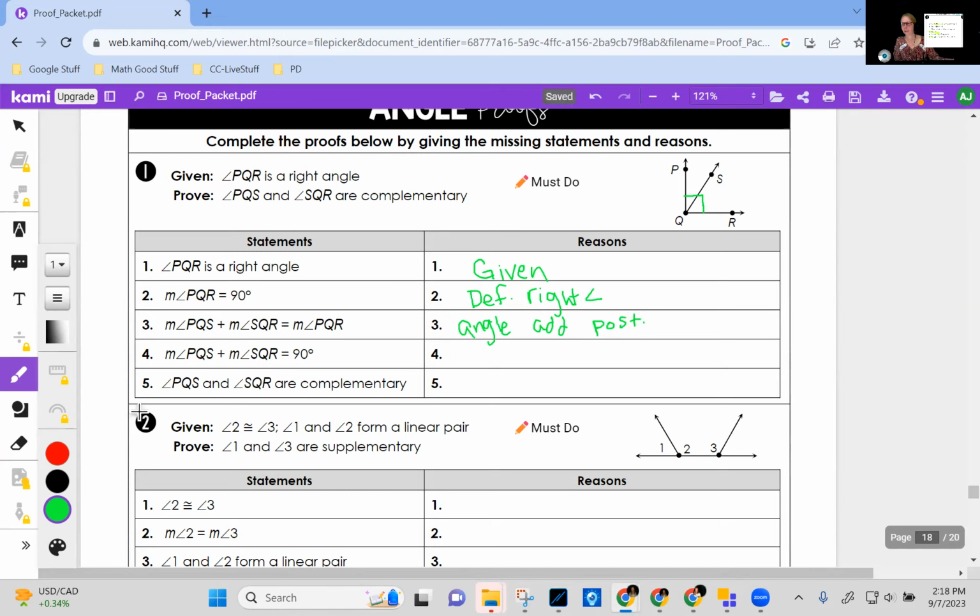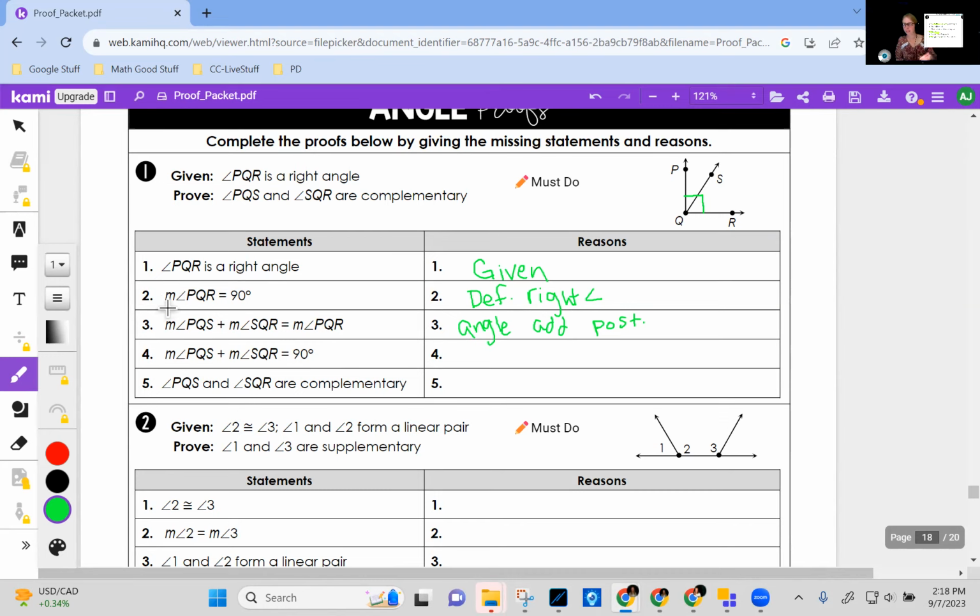All right, so now we have angle PQS plus angle SQR equals 90 degrees. Let's look at our choices here. We have definition of complementary angles. We have transitive property. So this might take time for you to think about, like, what is it actually? In this case, let's look at what we already know up here.